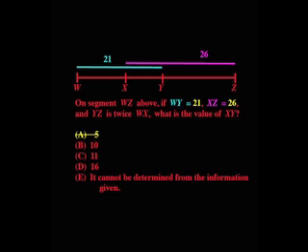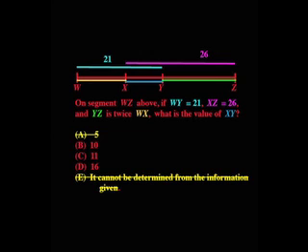We shouldn't be able to get the question and the answer this quickly. We're also told that YZ is twice WX, and then we're being asked what is the value of XY, which is the little segment in between the two other segments. That's the part where 21 and 26 are overlapping.